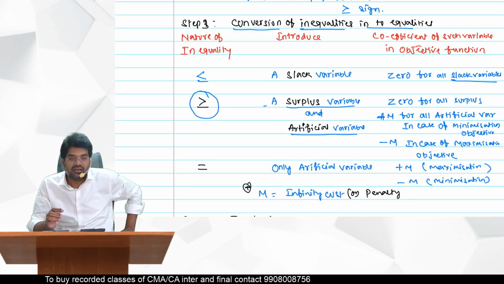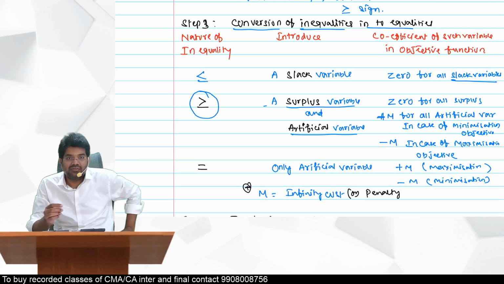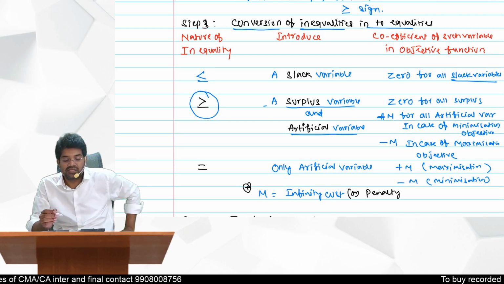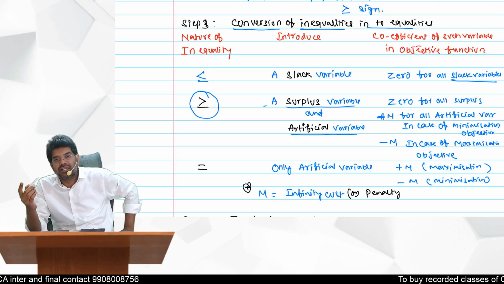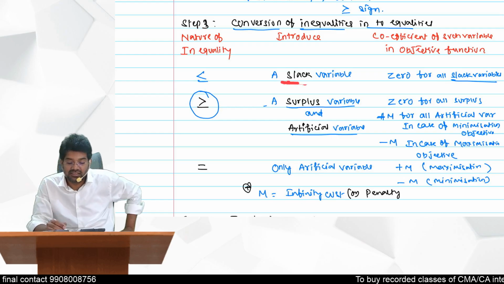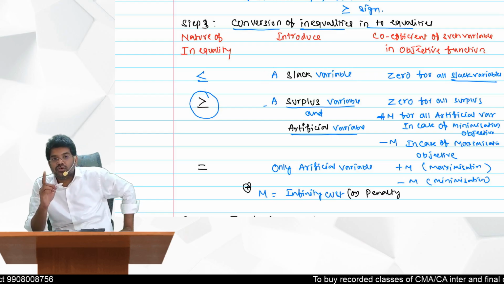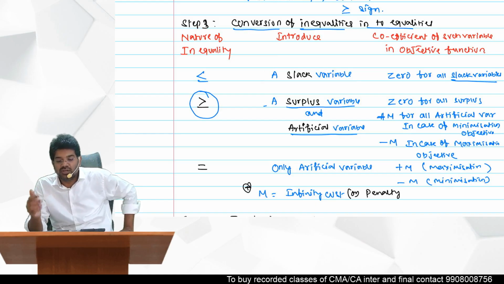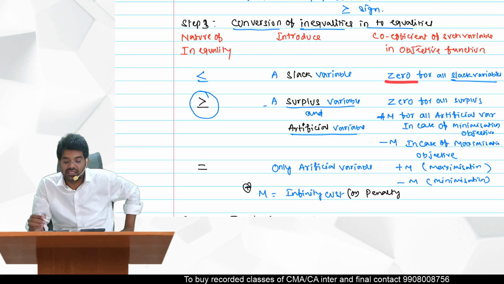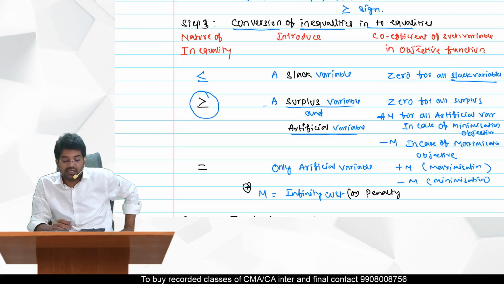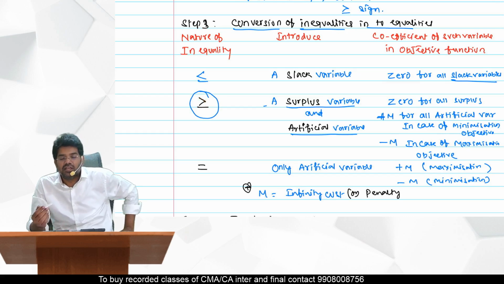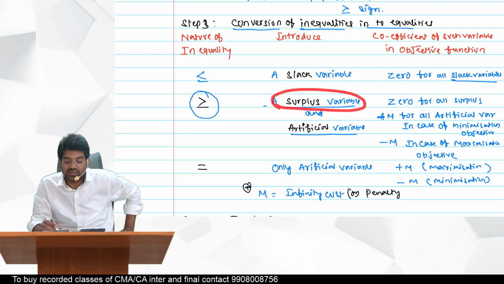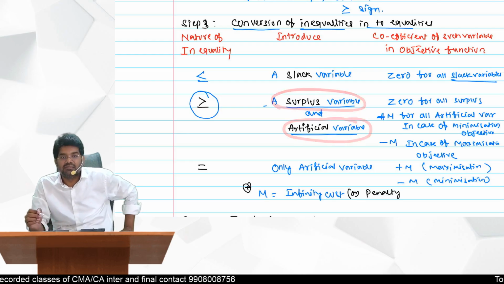Here, you have to write the standard form. If you have less than or equal to type inequalities, to convert them into equalities, you have to introduce a slack variable with 1 coefficient in constraints, whereas in the objective function the coefficient of that slack variable will be 0. If you have greater than or equal to, then to convert them into equalities, we have to introduce a surplus variable as well as an artificial variable.